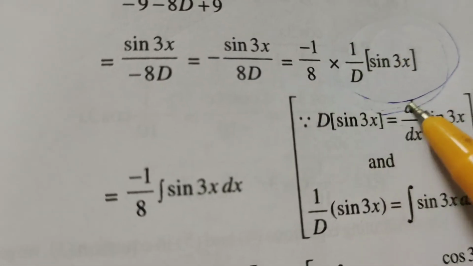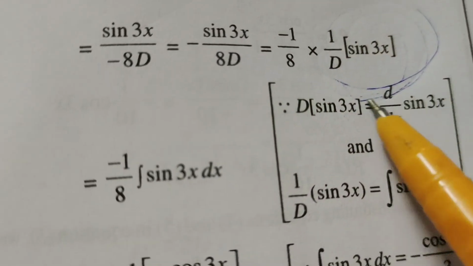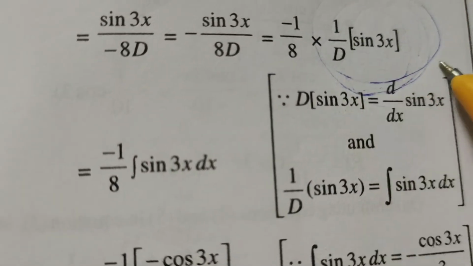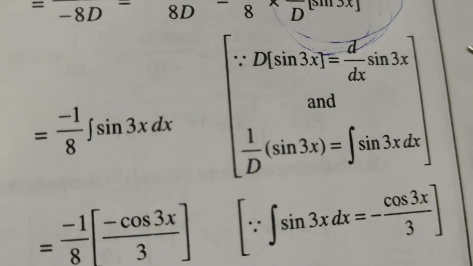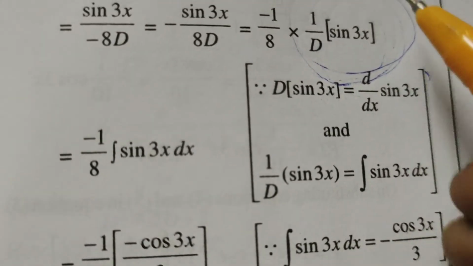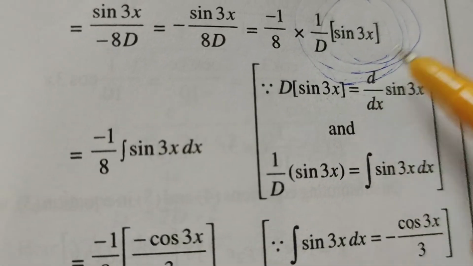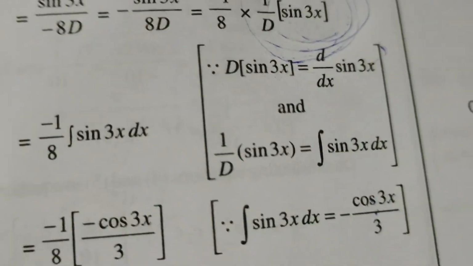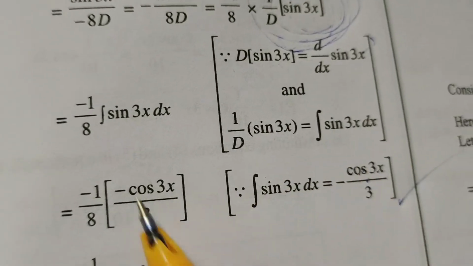Here 1/D acting on sin 3x means integration, whereas D acting on sin 3x means differentiation. The integration of sin 3x is −cos 3x, and because of 3x, write the denominator 3.